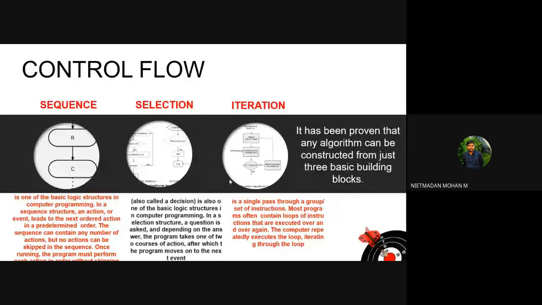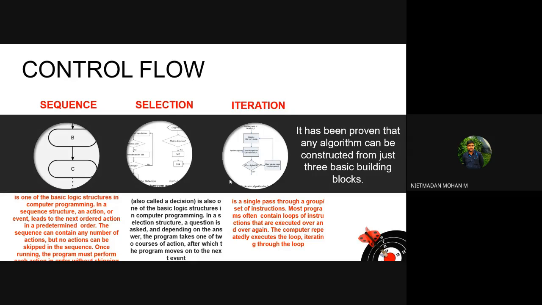So these are the three concepts mentioned in control flow: sequence, selection, and iteration. Sequence is a step-by-step process, like an algorithm. Selection checks the condition, and if the condition is true, it executes one part; if the condition is false, it executes another part. And iteration is a looping statement.